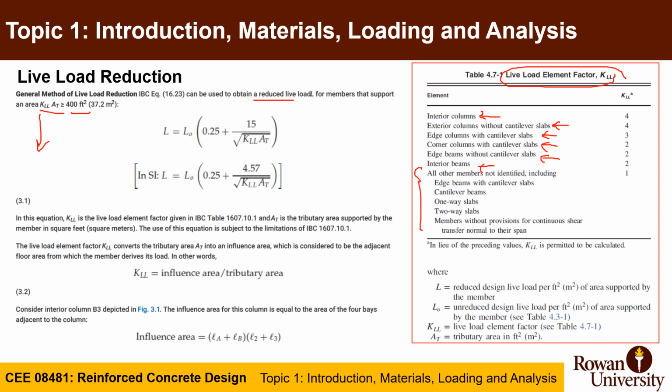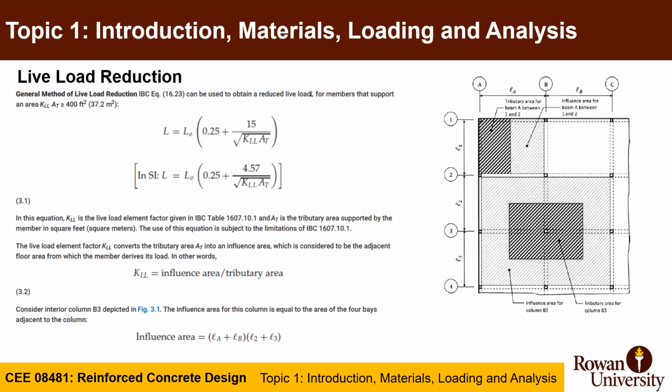In this equation, L naught is the original one that we got from the table on the previous slide, and L is the reduced one, and the factor is 0.25 plus 15 over the square root of K_LL A_T. You can get K_LL directly from table 4.7. A_T is the tributary area, and you can calculate it from this slide.